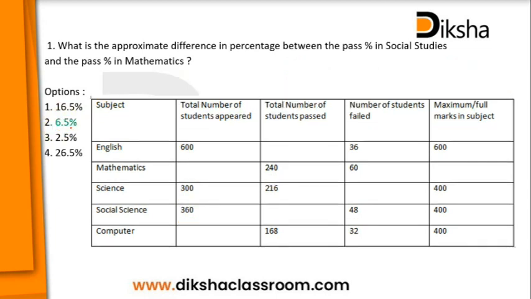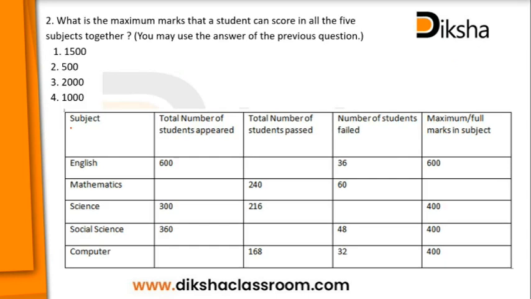So moving on to the second question. What is the maximum marks that a student can score in all 5 subjects together? Here they have given the maximum marks in English, science, social and computer. The cell containing the maximum marks in maths is blank.